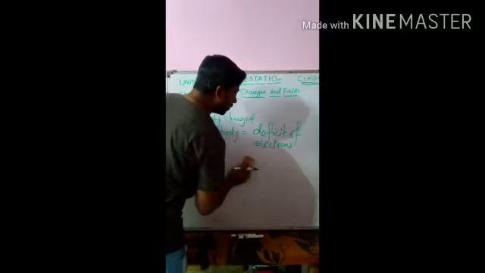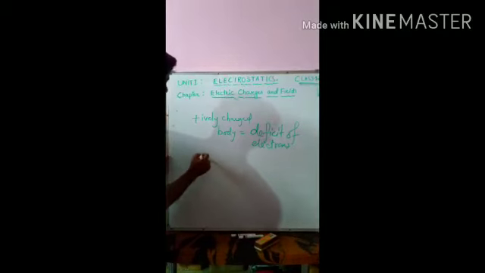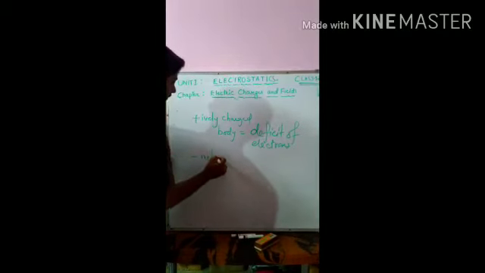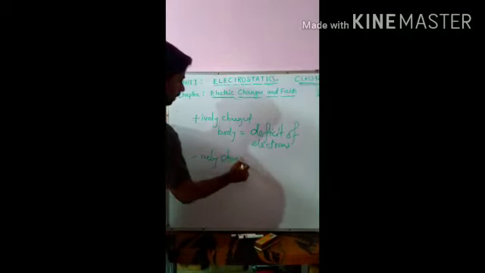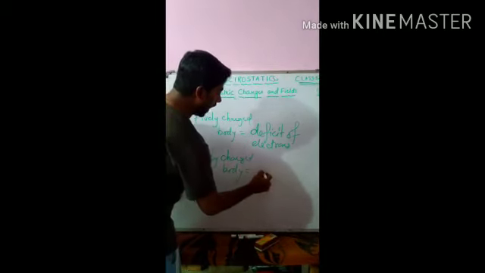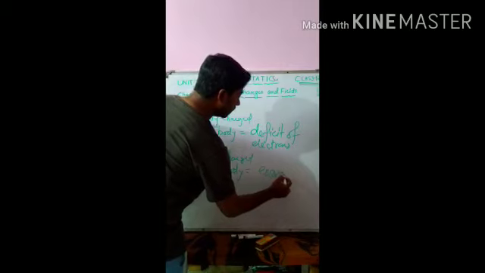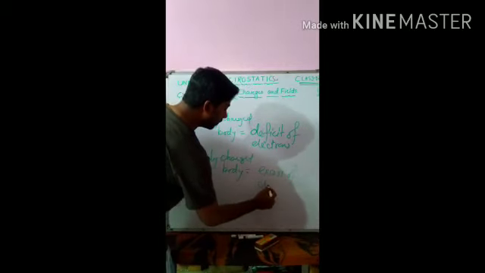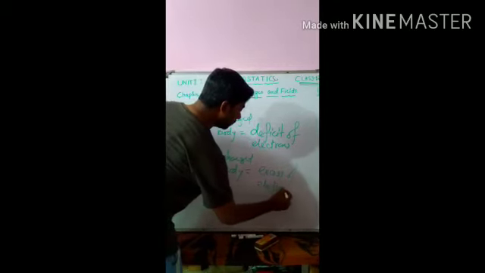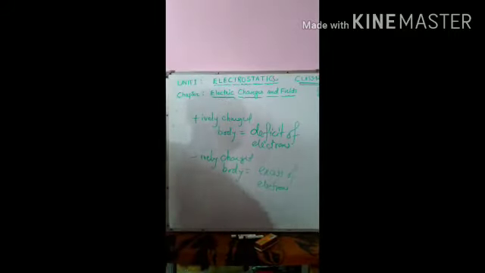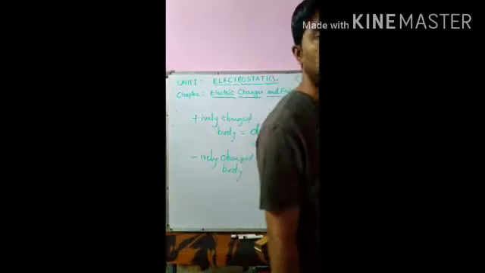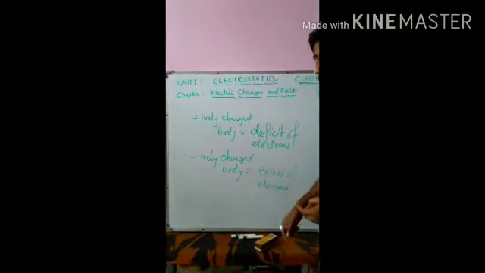And a negatively charged body means it has an excess of electrons.